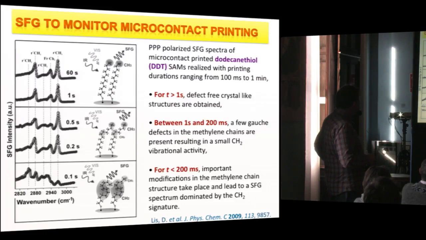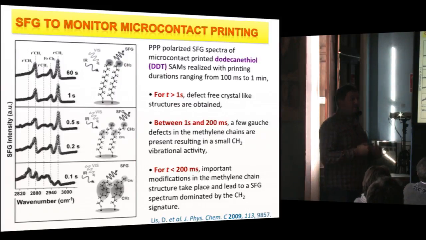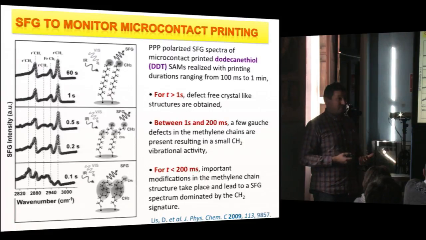It's easy to interpret this in the sense that when you are at equilibrium, your dodecanethiol molecules are mostly in all-trans conformation, and because it's all-trans conformation, all the CH2 of your chains are in a centrosymmetric environment, so you have mostly no signal from the CH2 groups. Only the terminal CH3 group is providing some response.